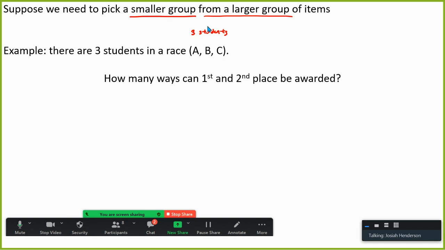So another way to ask this question is how many different variations of A, B, and C are there?